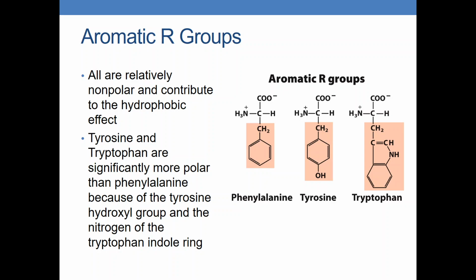First, they are all aromatic. For that reason, all of the side chains are aromatic, and they tend to be relatively nonpolar and do contribute to the hydrophobic effect. You'll see phenylalanine is fairly hydrophobic, tryptophan also fairly hydrophobic.